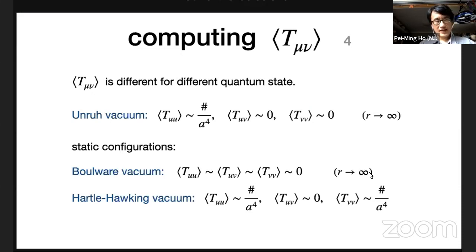And the Hartle-Hawking vacuum assumes a balanced ingoing and outgoing energy flux at large distances. For all the other vacuum states, except the Unruh vacuum, you are actually going to get large corrections around the horizon. The uneventful horizon assumption would not be correct. You would see a very large energy flux around the horizon.